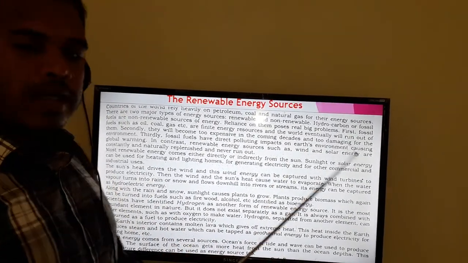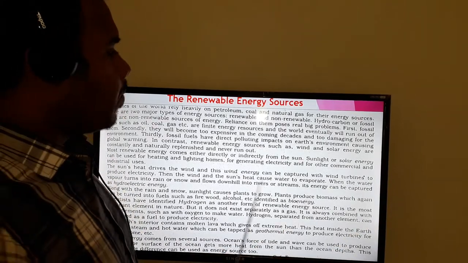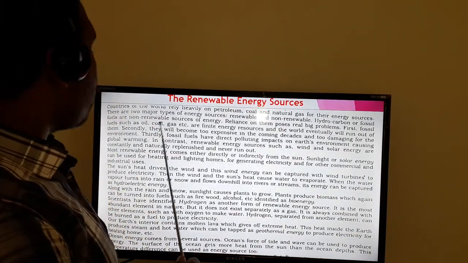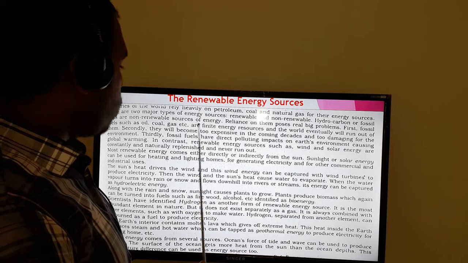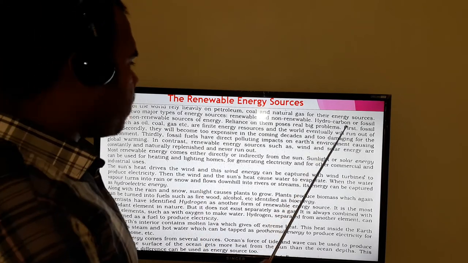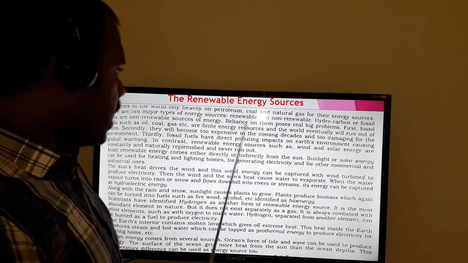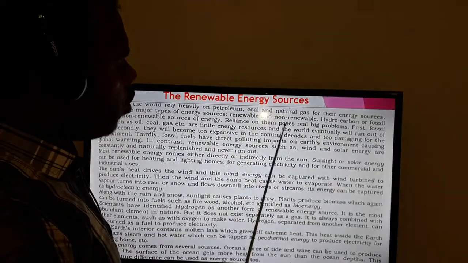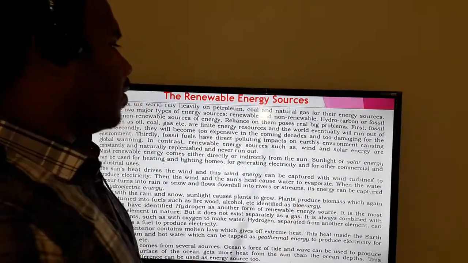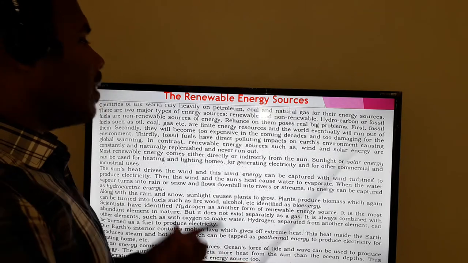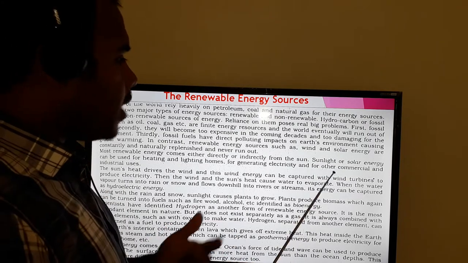Hydrocarbon or fossil fuels are non-renewable sources of energy. I think you understand. Reliance on them poses real big problems. So most countries depend on them and it creates great problems.